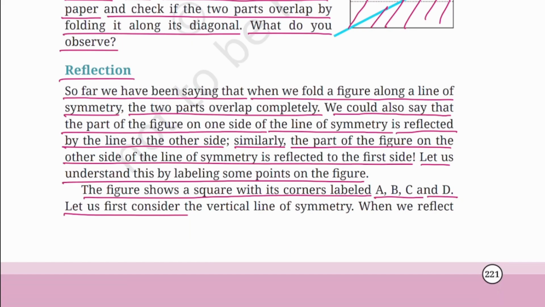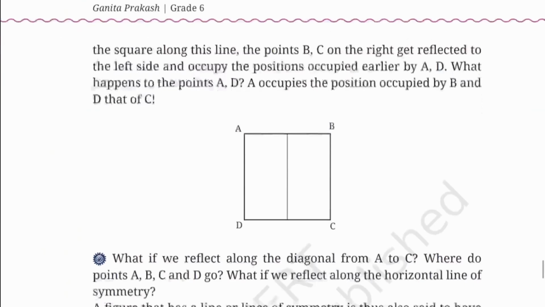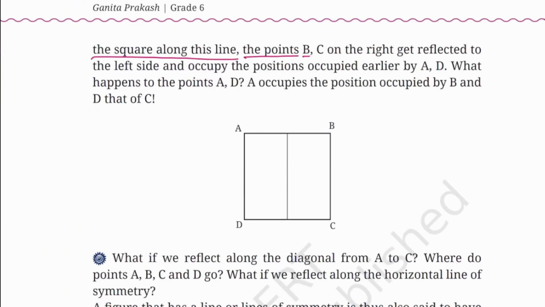Let us first consider the vertical line of symmetry. When we reflect the square along this line, the points B, C on the right get reflected to the left side and occupy the positions occupied earlier by A, D. What happens to the points A, D?